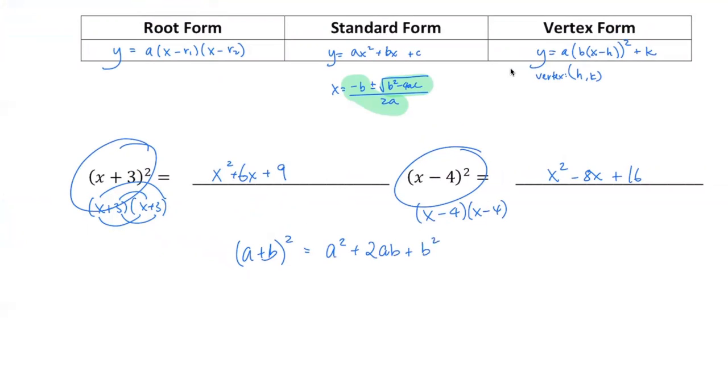So (a plus b) squared is equal to a squared plus 2ab plus b squared. And then (a minus b) squared is equal to a squared minus 2ab plus b squared. So the only thing that's different is the sign right here. It's very useful. I personally enjoyed using this a lot.